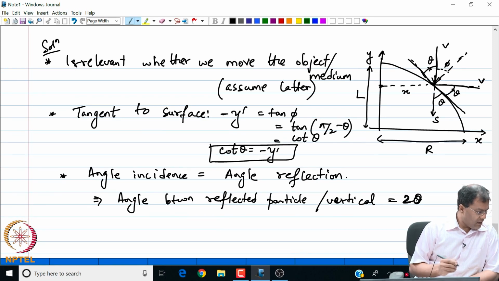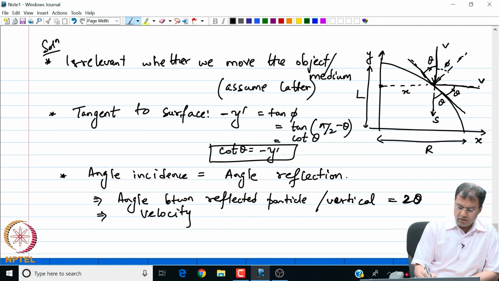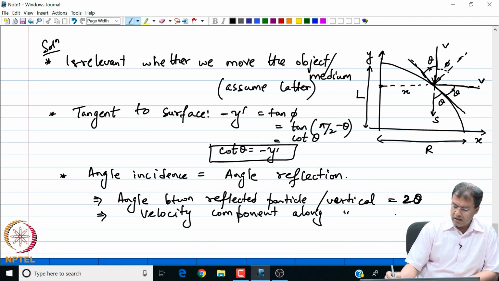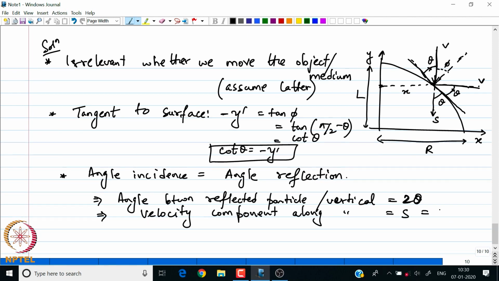We can see that also from the diagram. The velocity component along the vertical is S, which is equal to V cos 2 theta by the construction here, or this is also equal to V times (1 minus 2 sin square theta).